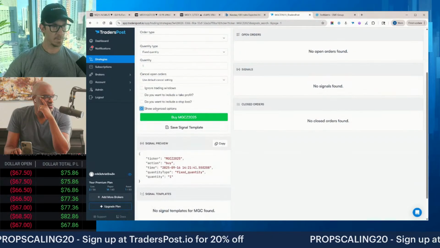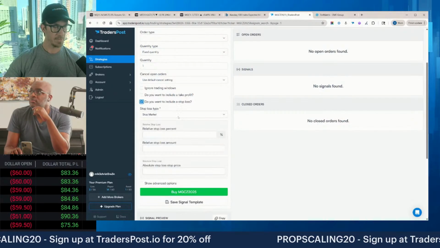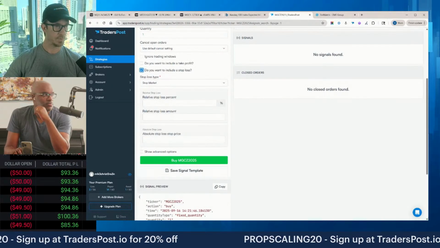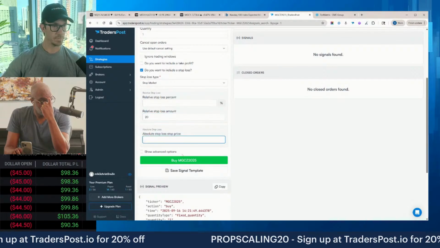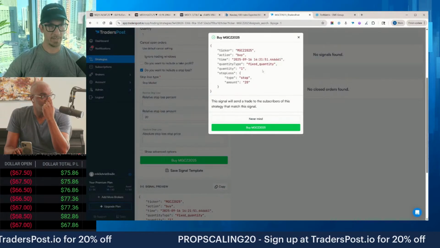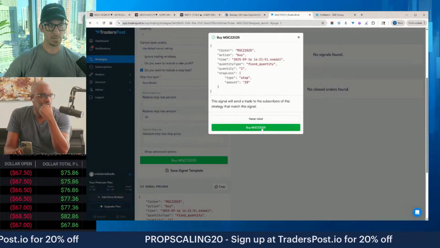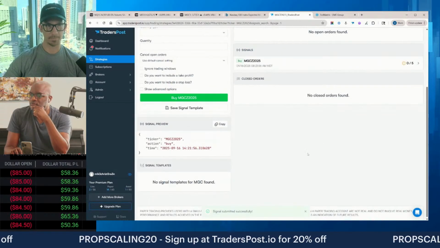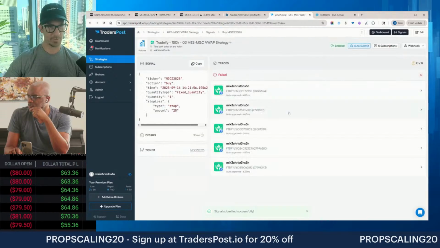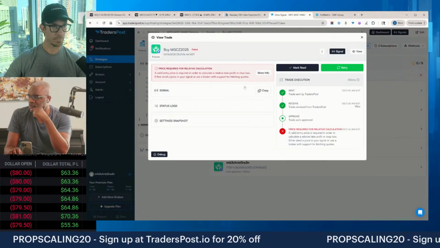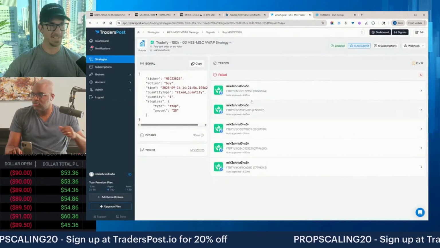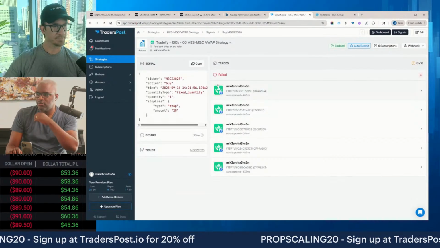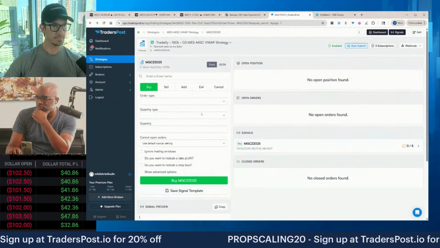And we'll set up our stop loss of 20 points. And we'll go ahead and buy this across all the accounts. What happened? Why did we get rejected? Ugh. I need an entry price. Messed up.